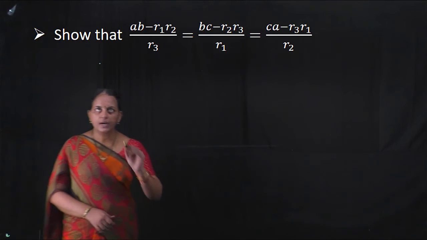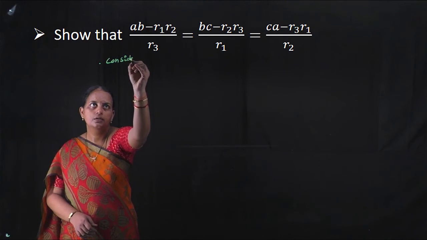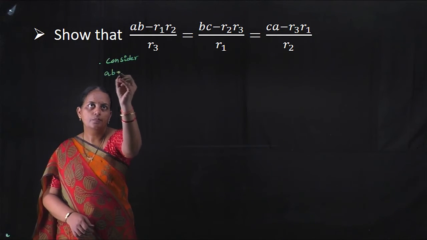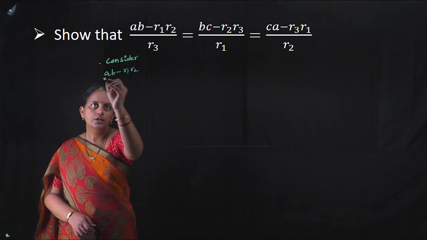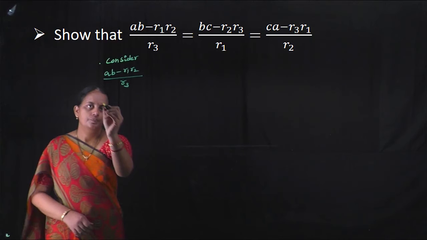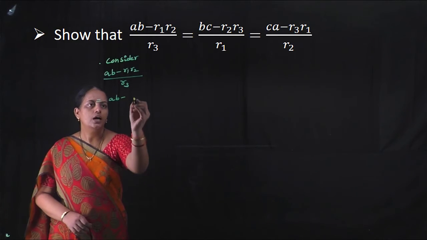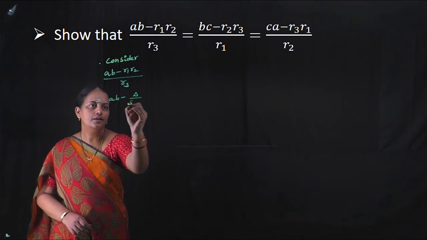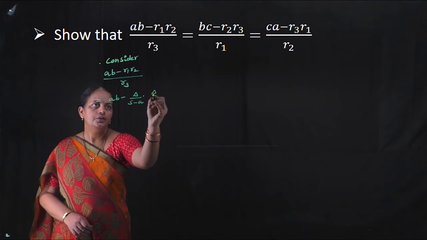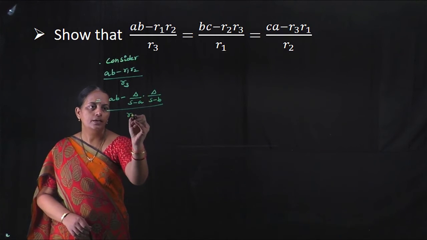Consider the first part, that is consider AB minus R1 R2 by R3. Okay, this is equal to AB minus, we know that R1 equal to delta by S minus A into R2 means delta by S minus B by R3.